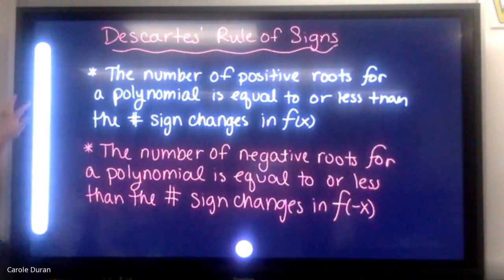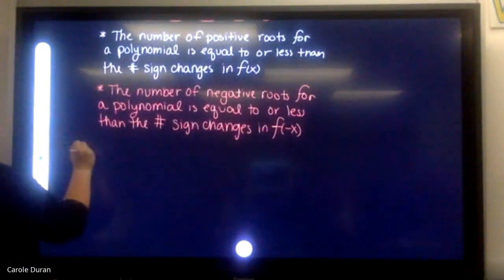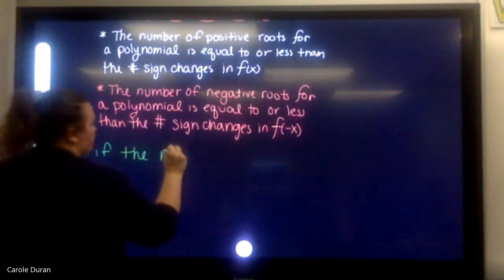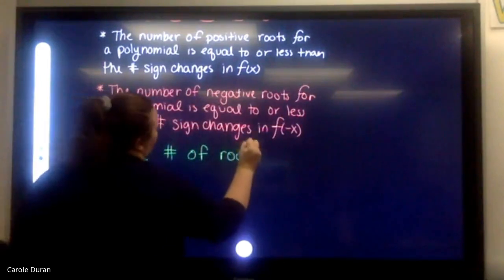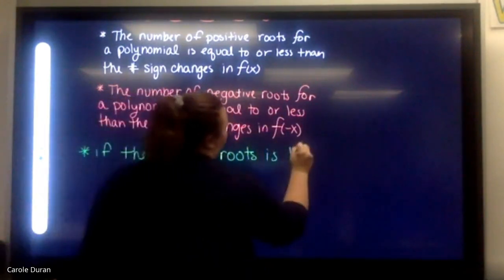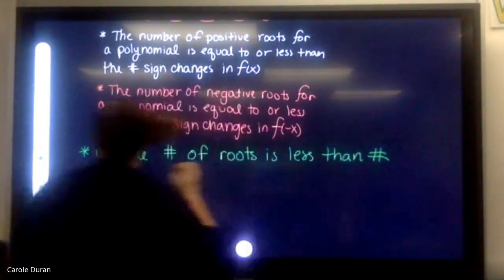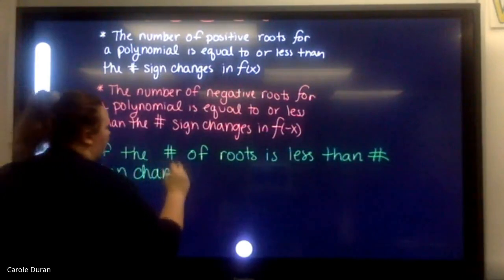The third part of this then says if the number of roots is less than the number of sign changes, it differs by a multiple of 2.